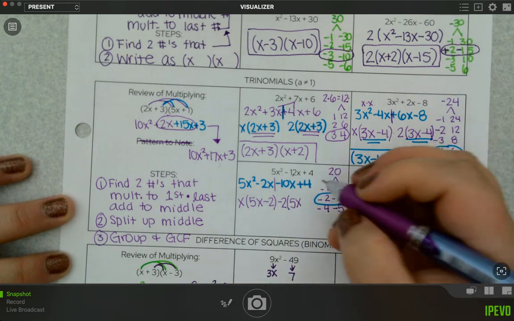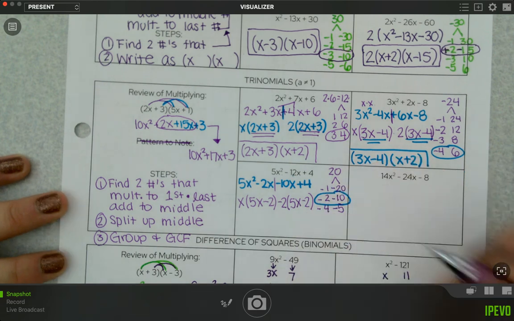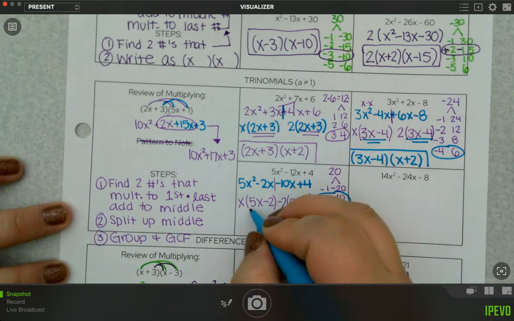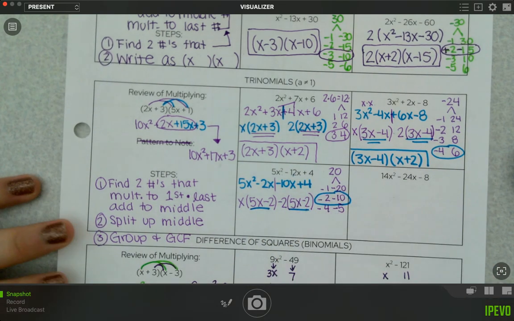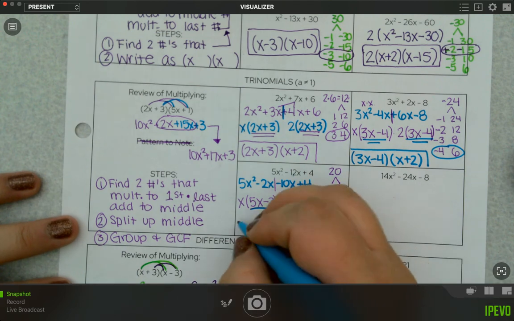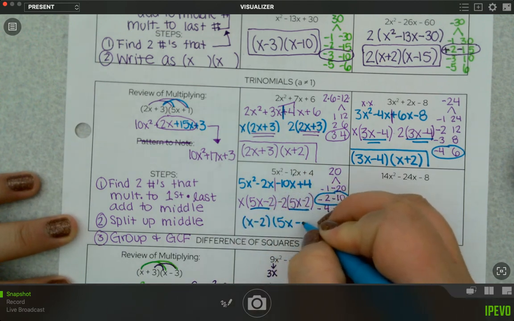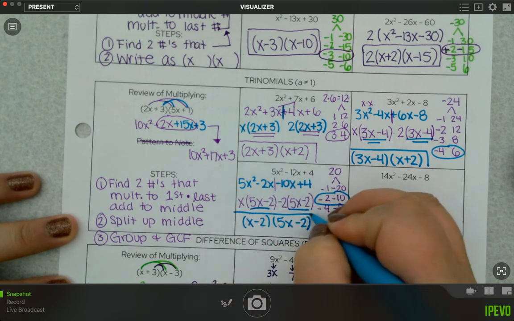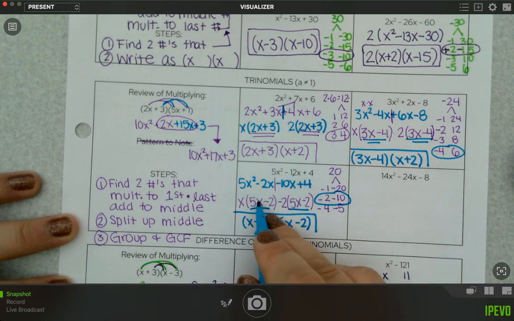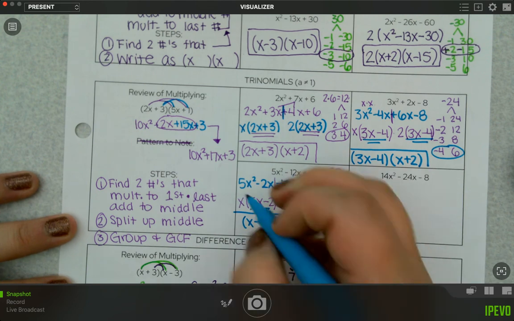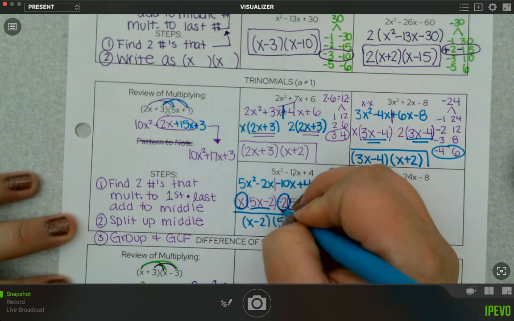And 4 divided by negative 2 is negative 2. And look at that, you have the same parentheses left. So you write this parentheses that matches in one parentheses, and the other parentheses is going to be whatever is left on the outside.